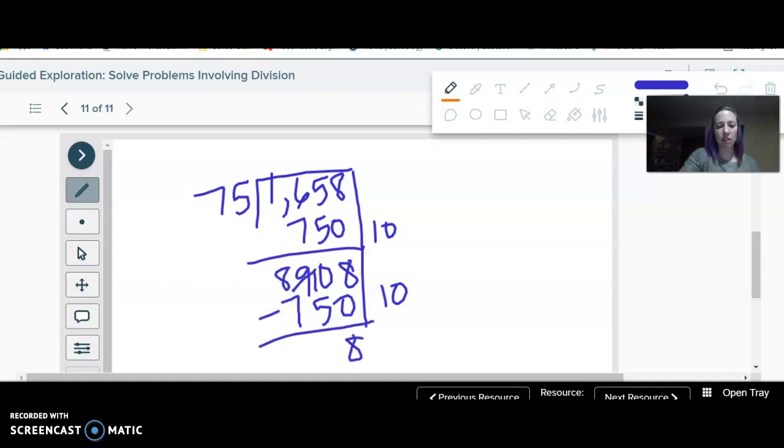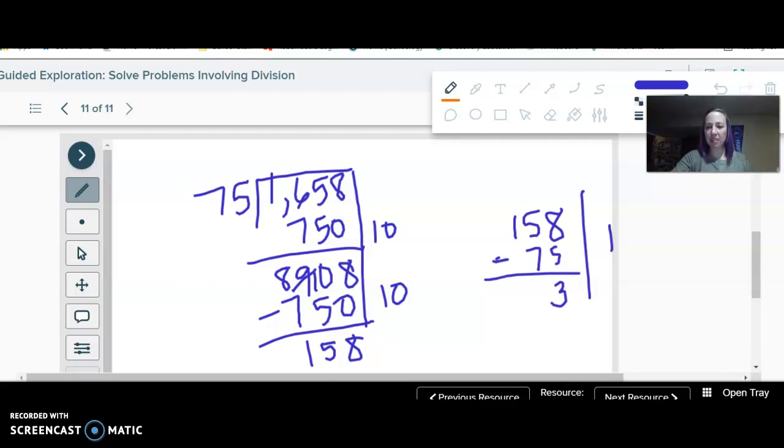8, 10, and 5. So now I have 158. So I'm actually going to go over here because I'm running out of space. Can't do another 10 groups. So let's just do one group. 75.